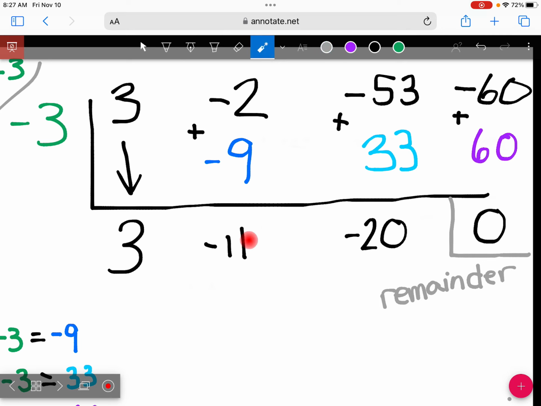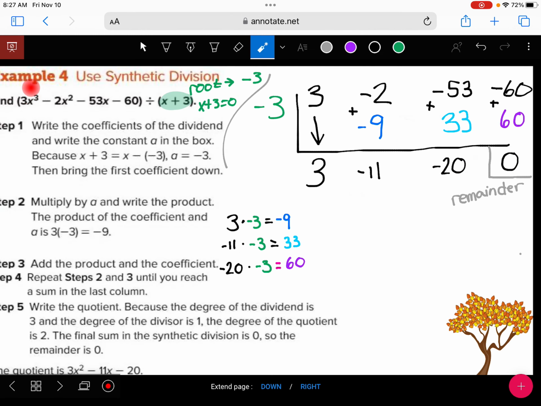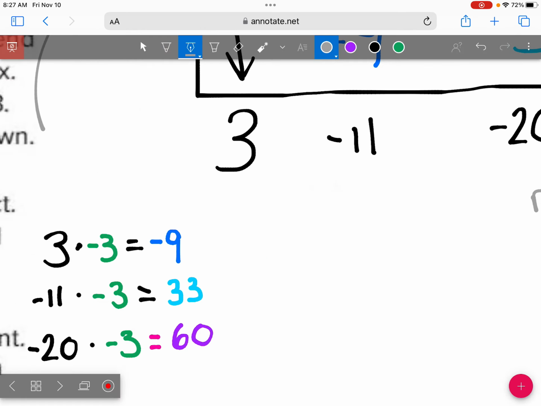And these are the coefficients that would have been on the top of our long division. So we started with an x cubed. We divided by 1x, so this is going to be 1 degree down. So this is the coefficient for my x squared.